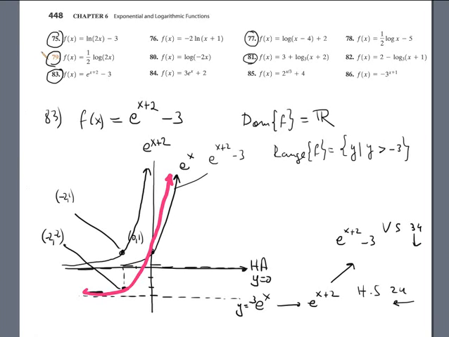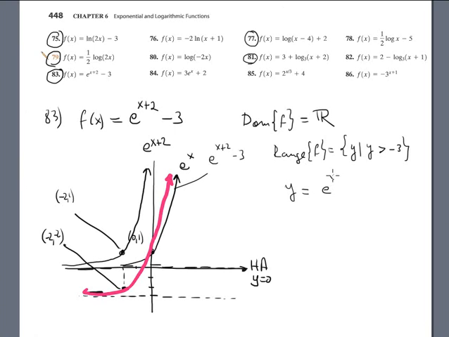Okay, now let's find the inverse function. This is y equals e to the x plus 2 minus 3. Now interchange x and y. Now solve for y. x plus 3 is equal to e to the y plus 2.